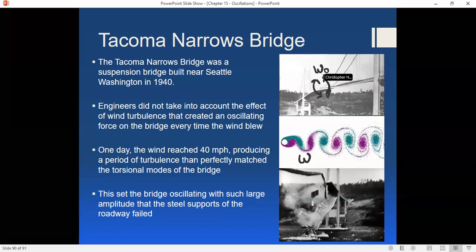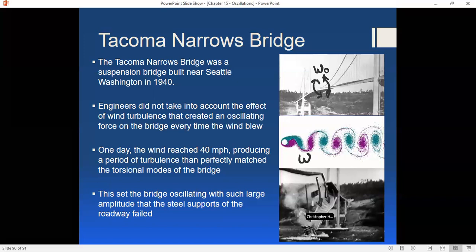Okay? Objects can have different modes in which they can vibrate back and forth, side to side. In this case, this is a torsional mode. And once the wind got too strong, the amplitude became so large that eventually it exceeded the breaking strength of the cables. And as you can see, bad things happen when the bridge comes down.